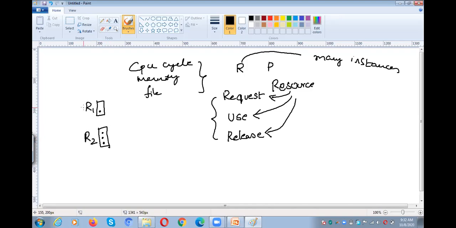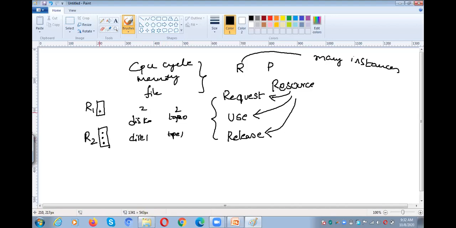In a system, only one R1 type of resource is available. Okay. Did you get my point? There might be different disks, disk 0, disk 1, like that, or mag tape 0, tape 1, like that. That means here we have two discs, here we have two tapes. That is called an instance.